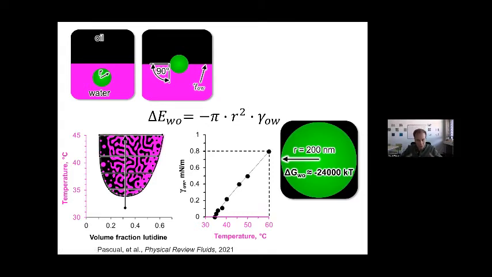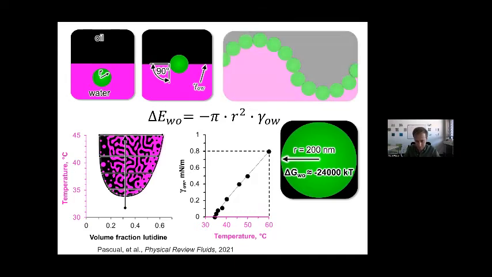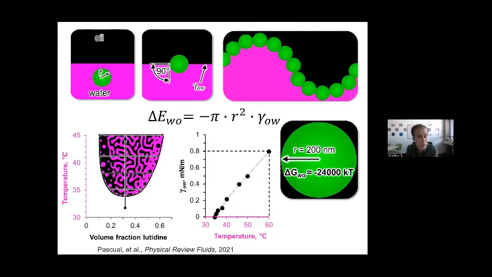So you can see from this very large attachment energy that the particle is irreversibly attached and thermal motions will not be able to bring it off the interface. And this is why such colloids can actually form such a densely packed layer at the interface that even allows the interface to be curved into non-equilibrium shapes.